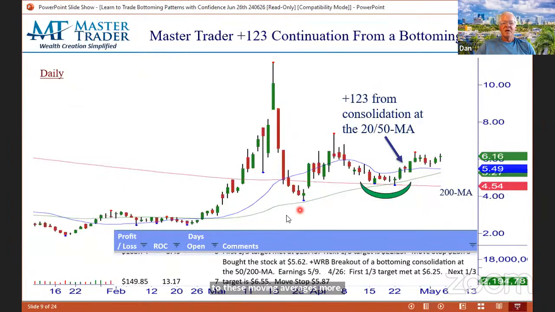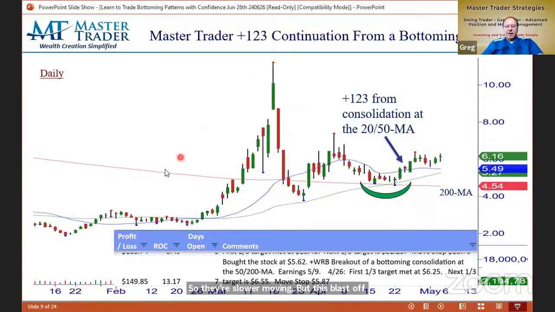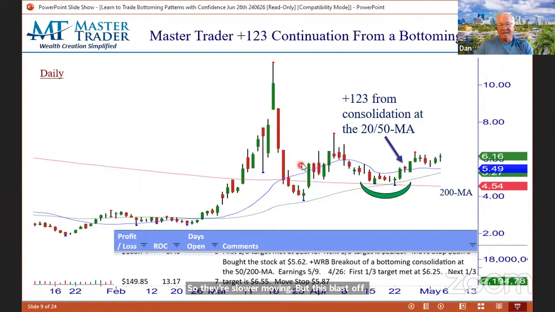I get it. Because it's also a slower moving one. It's taking 200 days of data, and every day it's dropping off the last one and adding a new one and dividing by 200. So they're slower moving. But this blast off. That's what I'm talking about. It had to drag this 20 up.